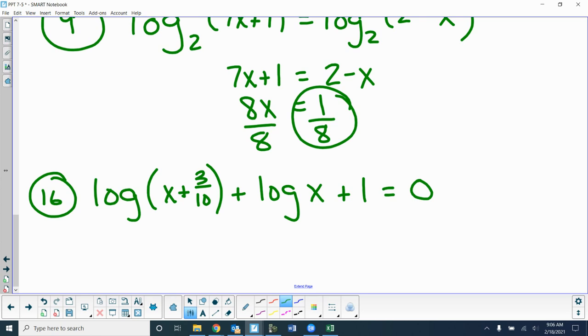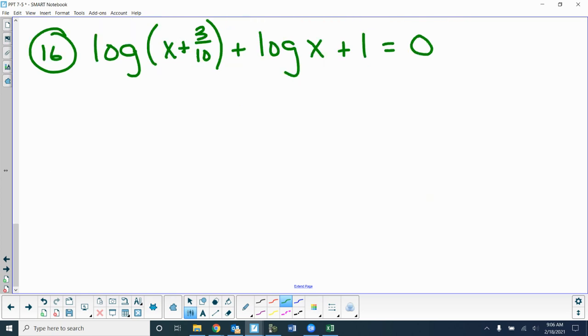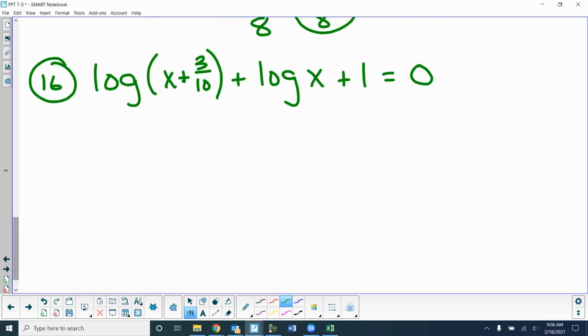How do I move it over? Subtract it, right? And what will we do with those two? Multiply, make them a single log. Right, so this would be log of x plus 3/10 times x.